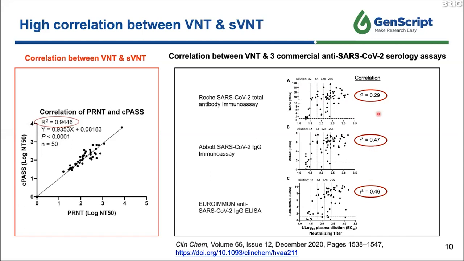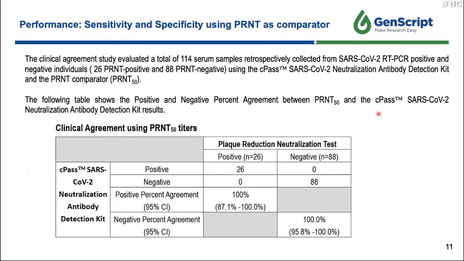So this again highlighted that the SVNT is a more suitable technology for detection of neutralizing antibodies. Next, we also validated the sensitivity and specificity of the assay using the PRNT50 as a comparator. As shown in this graph, our positive and negative percent agreement are both 100%.